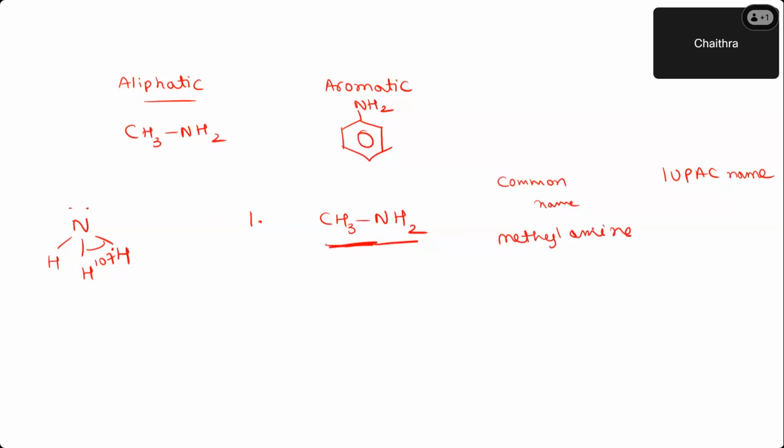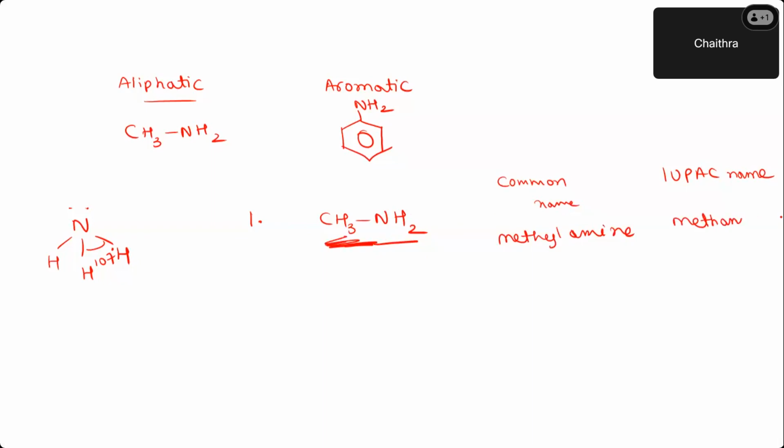methylamine. Whereas for the IUPAC name, you have to remember the root word. Yes, very good. Lakshmi has answered. It is methanamine. So one carbon atom is there. The root word is methane. But you should not tell methane amine.